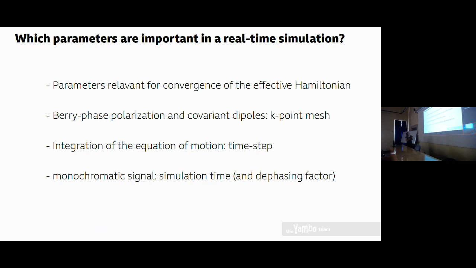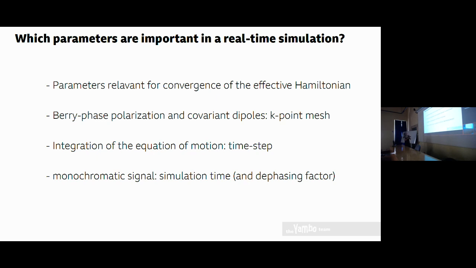Then more specific to this type of real-time simulation, the Berry phase polarization and the covariant dipole are just an integration, or a numerical differentiation, over a k-point mesh. So the k-point mesh is important.